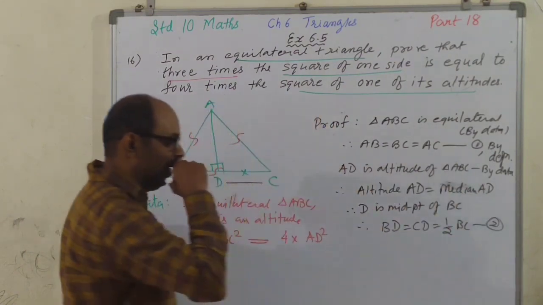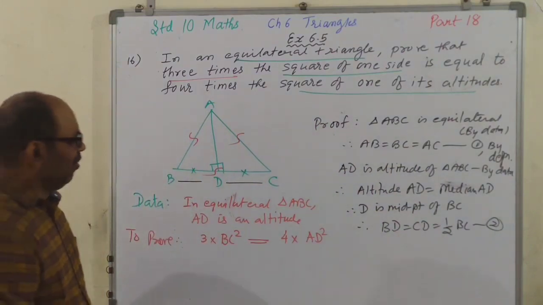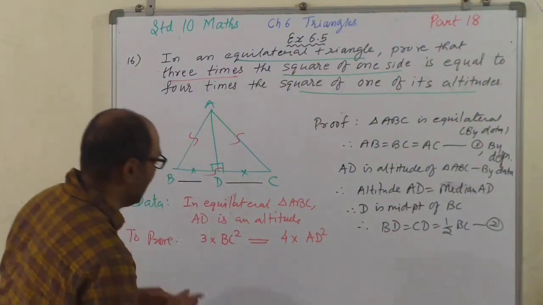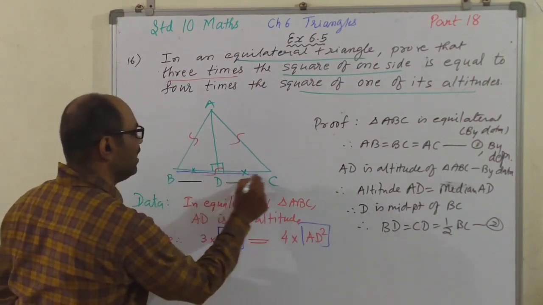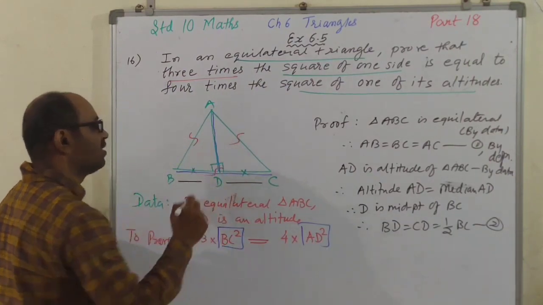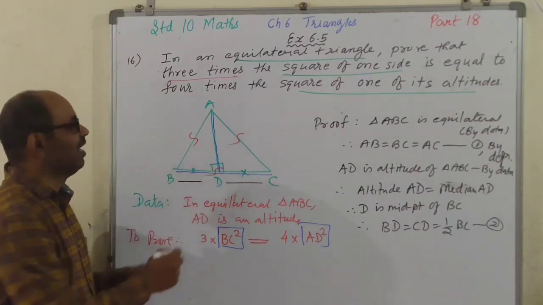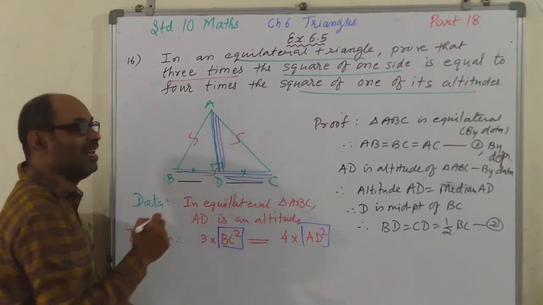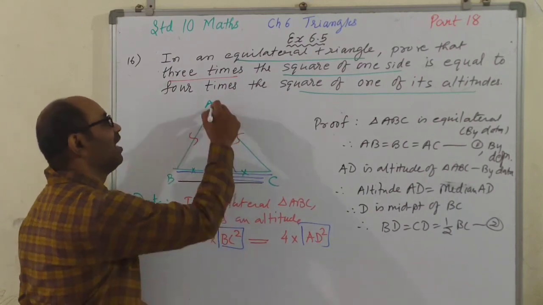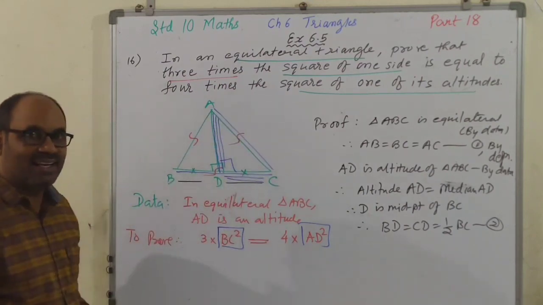Call it result number 2. We want a relationship between BC and AD. BC is this and AD is this. अब BC से तो रिलेशन नहीं मिलेगा, लेकिन CD और AD से मिलेगा. ये राइट एंगल ट्राइंगल में, करेक्ट.